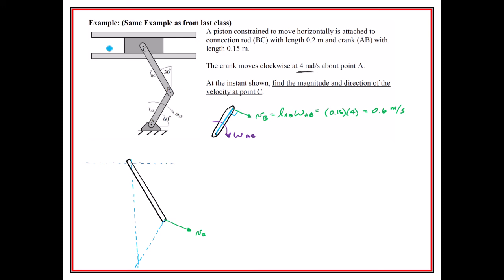If I were to superimpose it up here on the original drawing right here, we might take some notice that they get really close to each other, but this ICR right here does not equal that ICR right there.